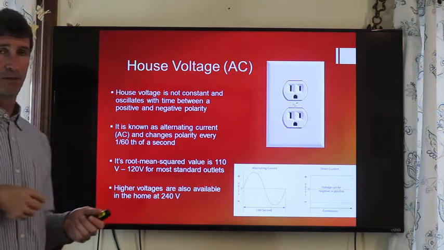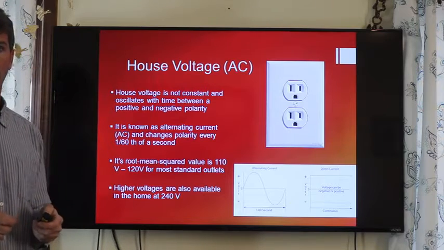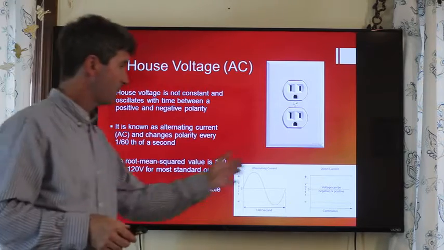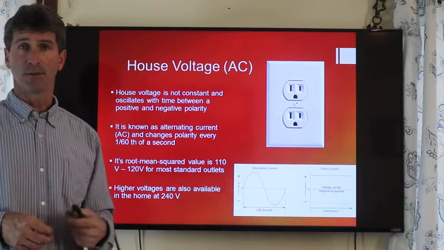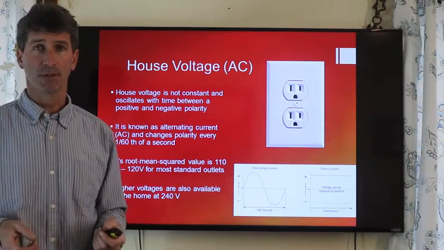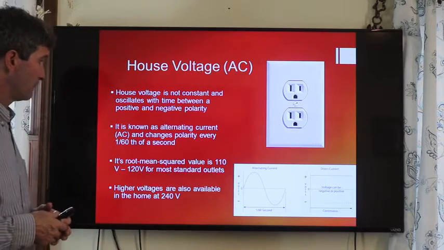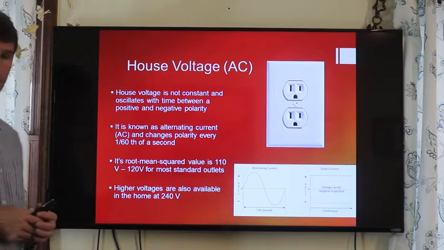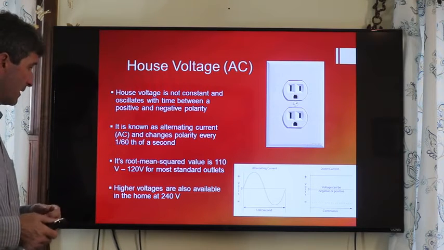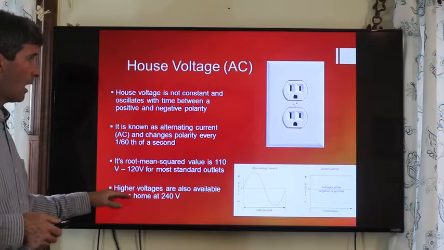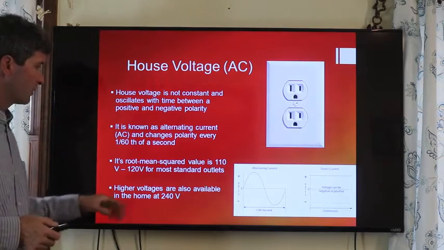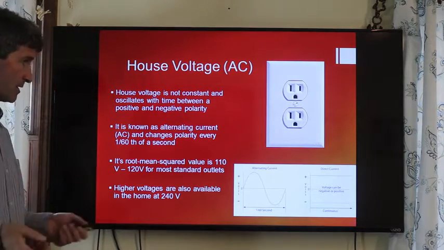That number there is actually the root mean squared voltage. If you were to take the sine function and integrate the voltage over time and look at the root mean squared number, that's the figure that you would get. Higher voltage is also available, 240 volts, but again, this is oscillating.